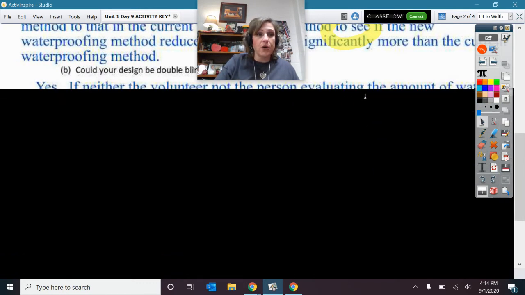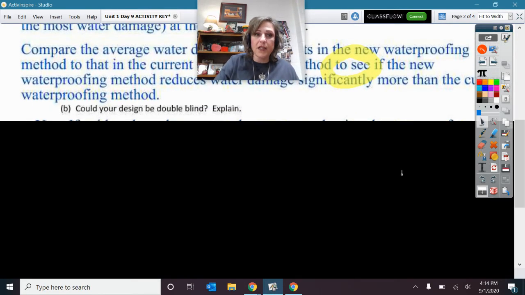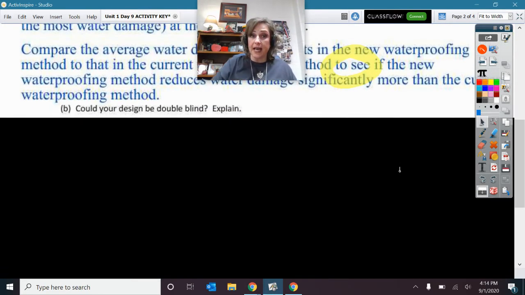All right. So could it be double blind? So let's talk about what you need to make sure. It says, could your design be double blind? Explain. So here's what we need to make sure we communicate to our reader. We need to make sure that we communicate that we know the definition of double blind, okay?